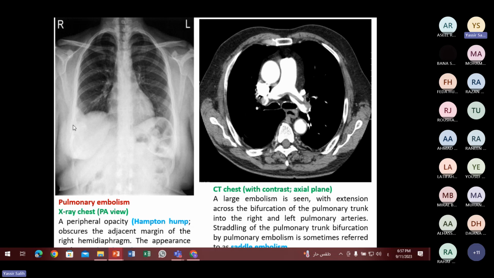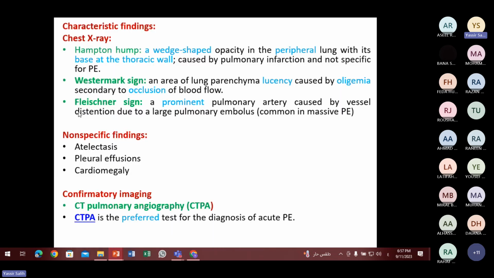It is wedge-shaped, with the base toward the chest wall. They call it the Hump sign, which is commonly seen, although it is not specific, in the chest X-ray.